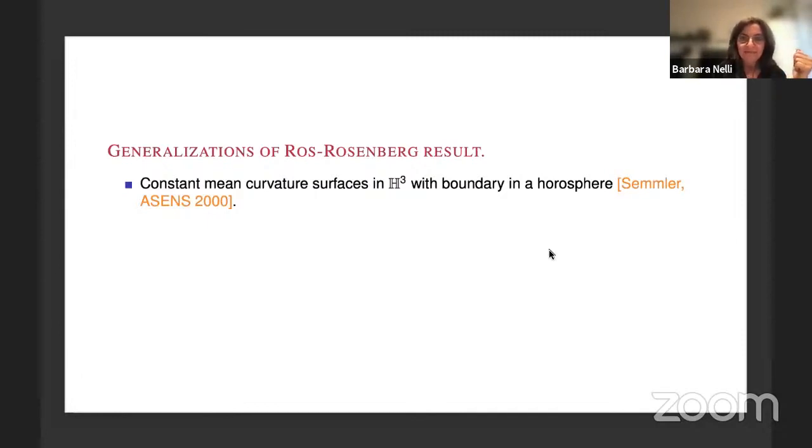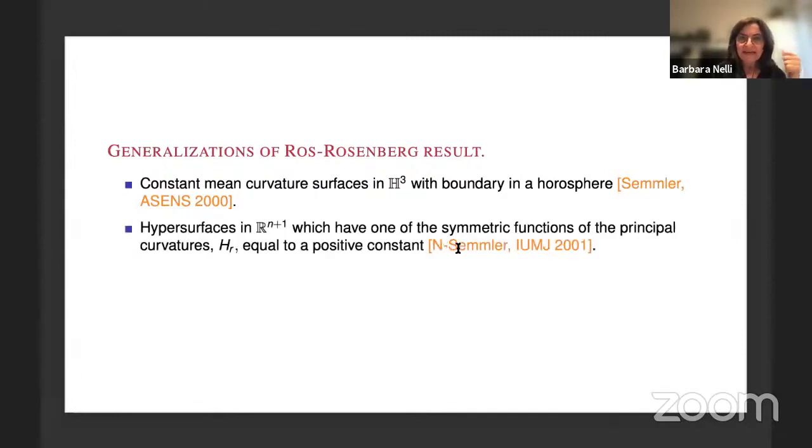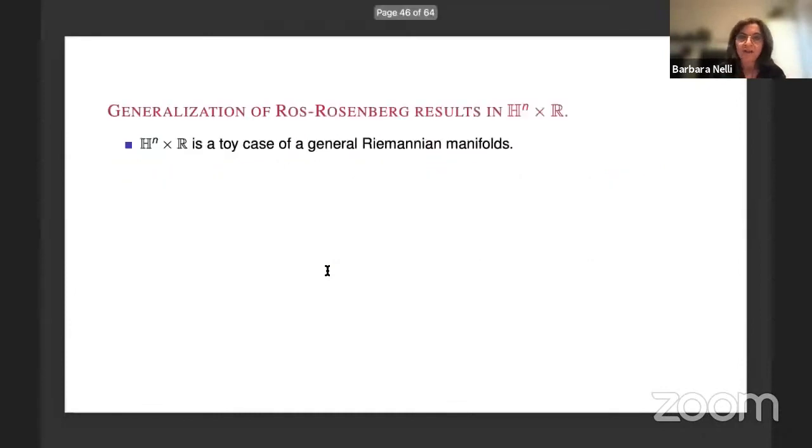And then Semmler and myself extended the theorem to the case of hypersurfaces in R^(n+1) which have one of the higher order curvatures HR a positive constant. So even in that case, there is no topology for the surface with boundary in the plane, under a condition, of course, on the mean curvature, or on the HR curvature.